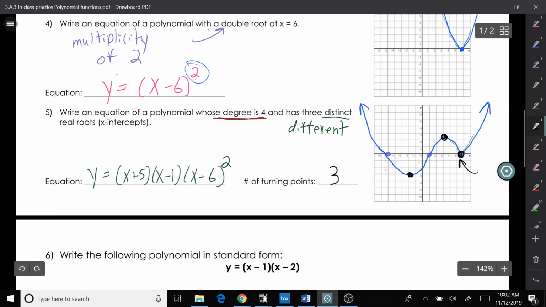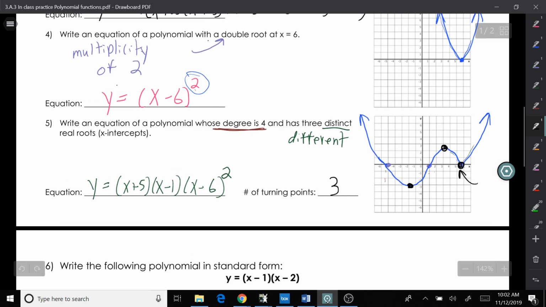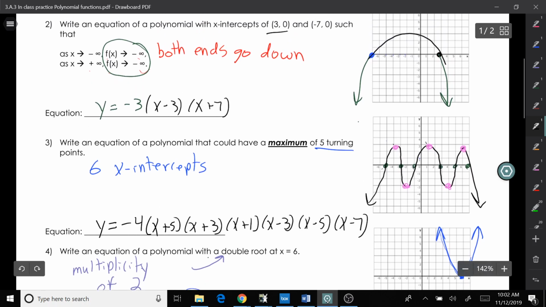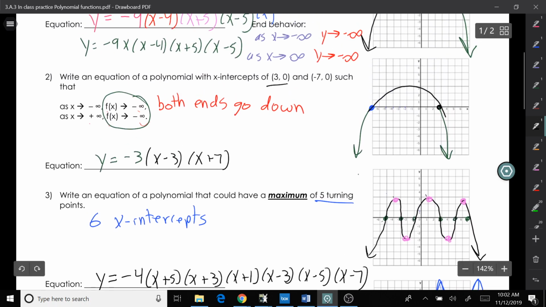I always start with trying to figure out what zeros will I have, and then looking at the rest of the direction to see what kind of choices do I have to make and what kind of choices are already made for me. Like up here, where it didn't tell us that both ends had to go down, but down here it did in the end behavior.